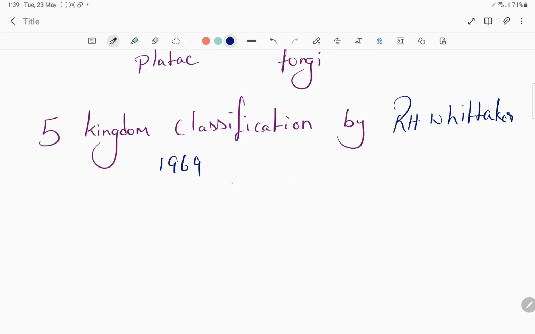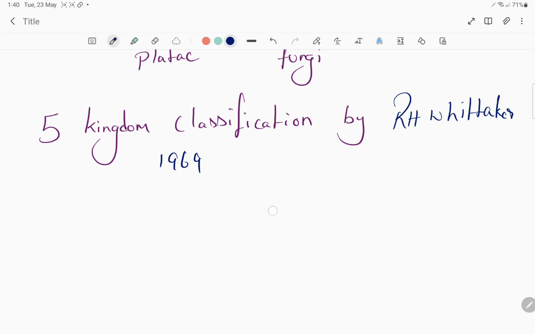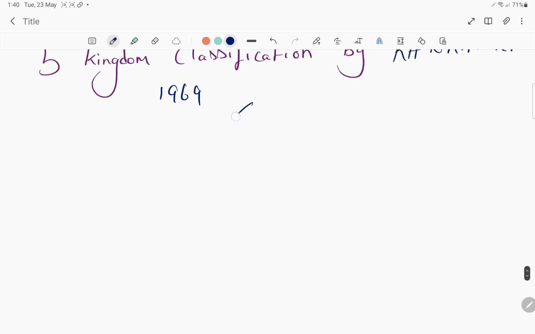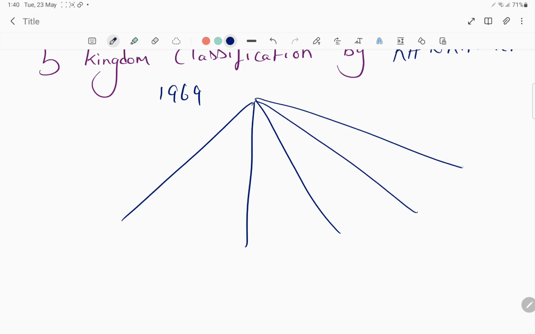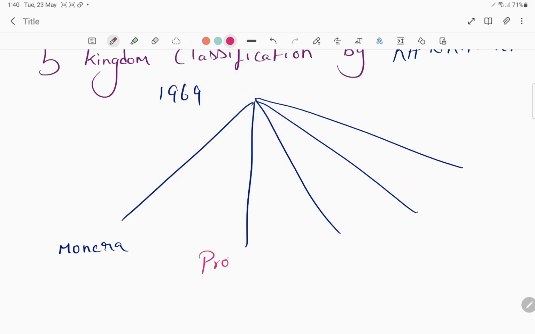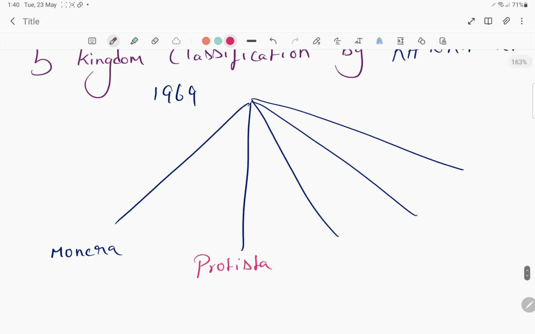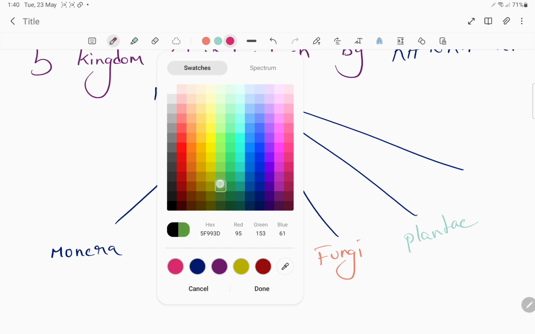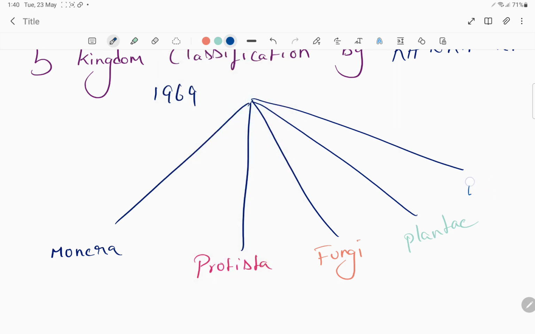So we have five kingdoms: kingdom Monera, kingdom Protista, kingdom Fungi, kingdom Plantae, kingdom Animalia.